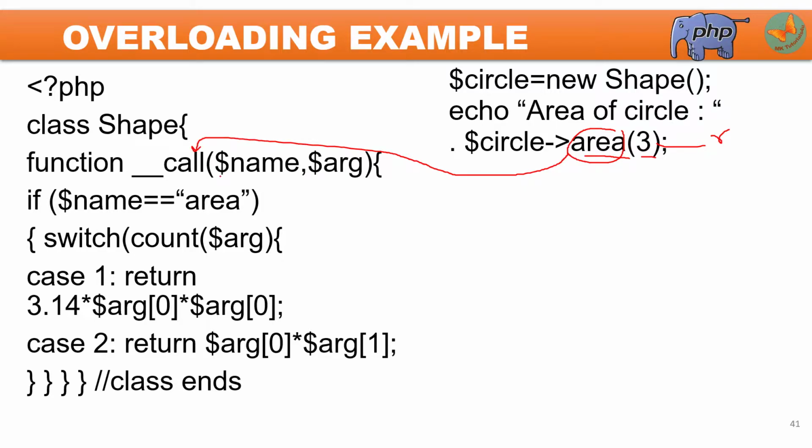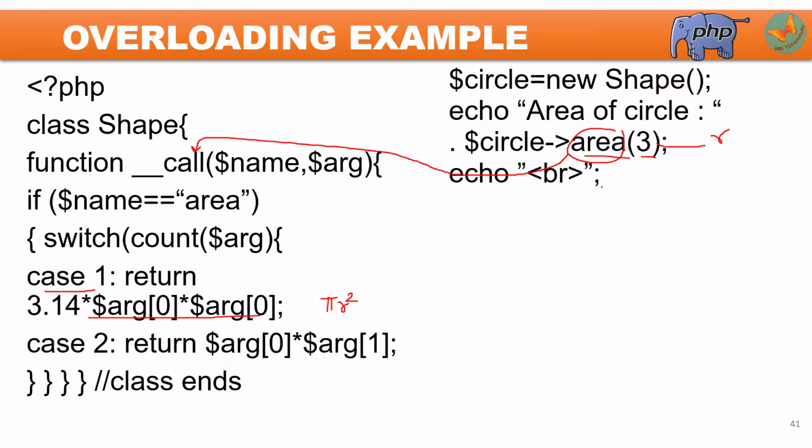So this will be invoked and it will check whether the name is area, and if yes, it will count the number of parameters or arguments. In our case, it is only one parameter, so case 1 will be executed. This is nothing but our area of the circle, pi r square.